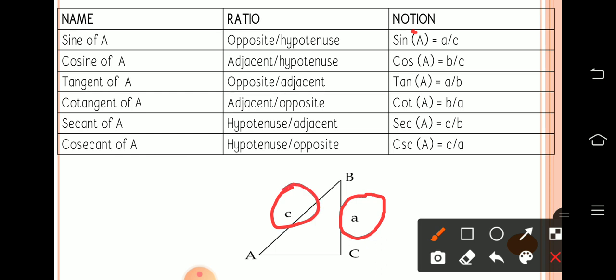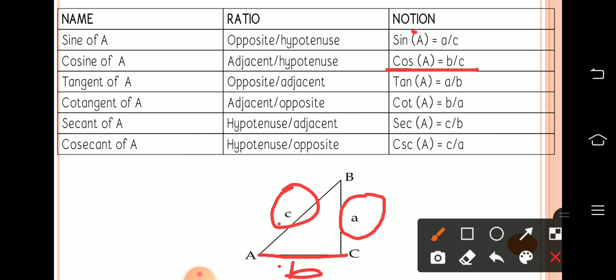The cosine of A is equal to adjacent over hypotenuse. The adjacent is b. So we write cos A is equal to b over c.